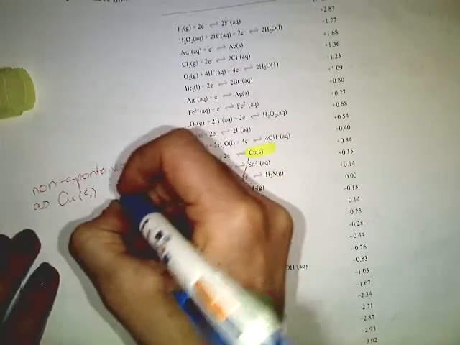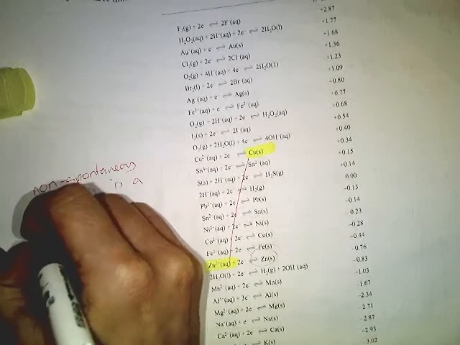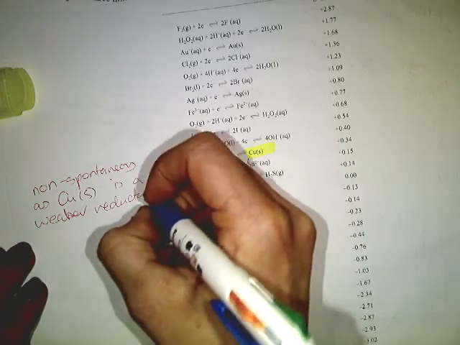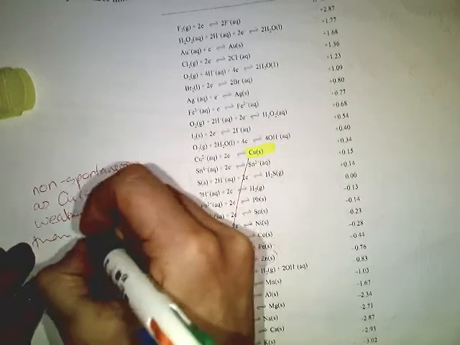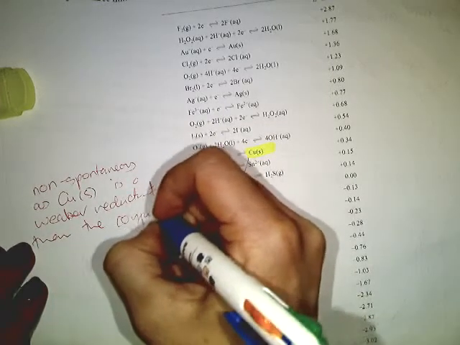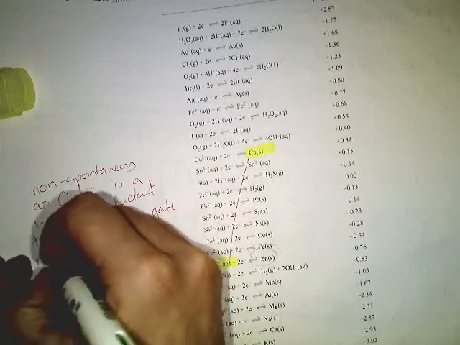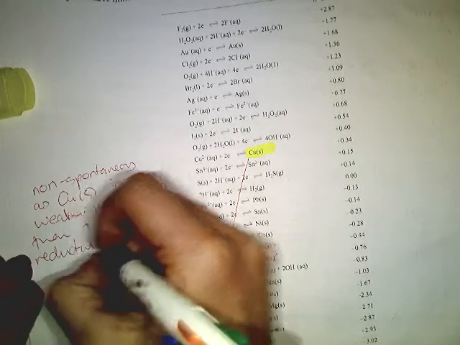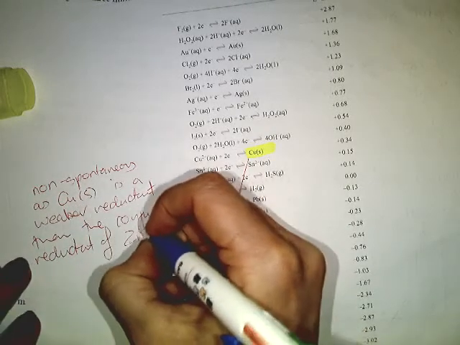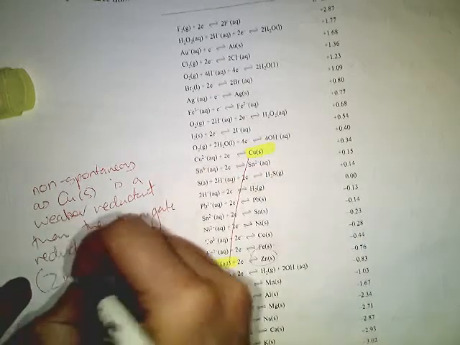So the way we answer this is it's non-spontaneous as copper solid is a weaker reductant than the conjugate reductant of zinc 2 plus, which is zinc solid.